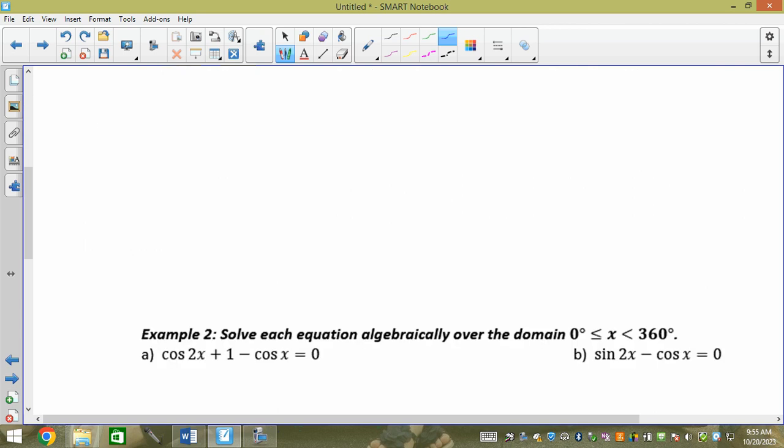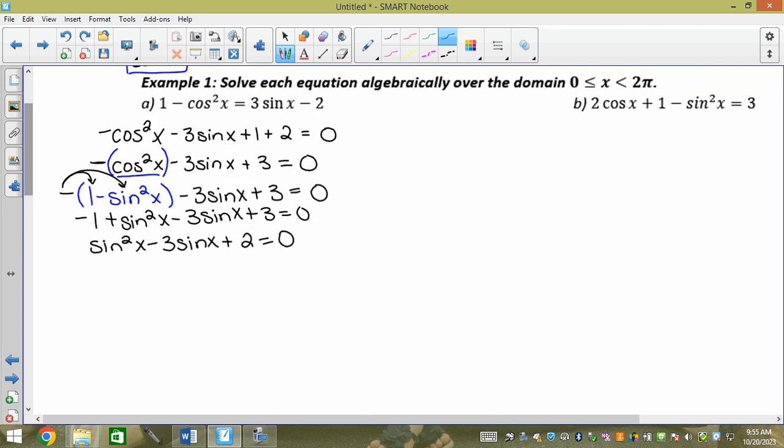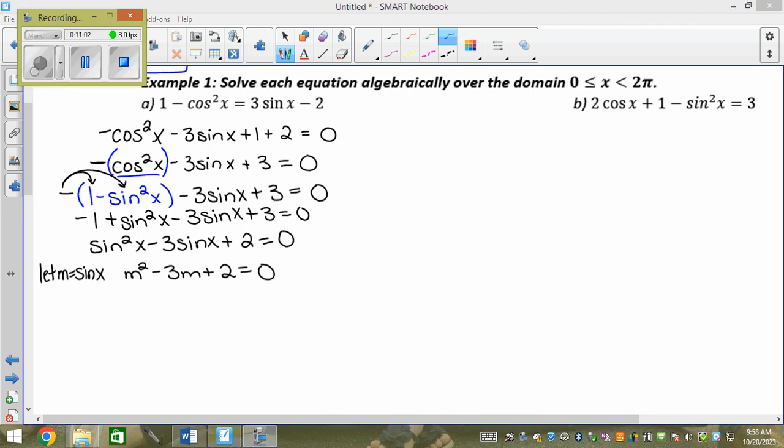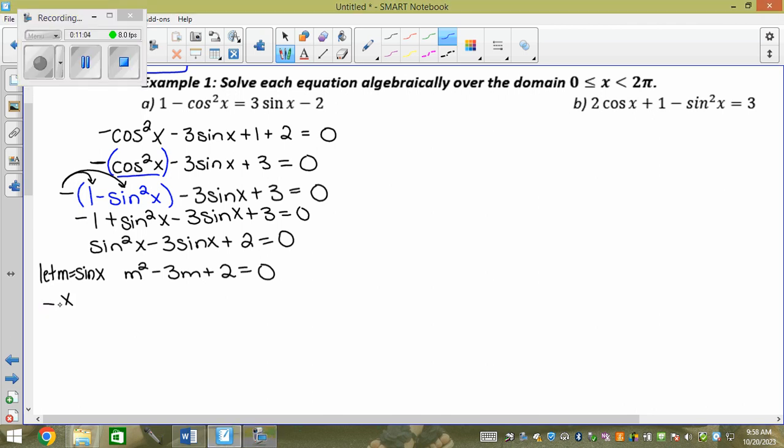So let m equal sine x. M squared minus 3m plus 2 equals 0. You factor and solve. Try it out. What times what equals 2, what plus what equals negative 3?